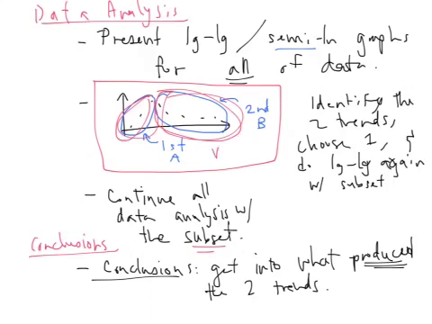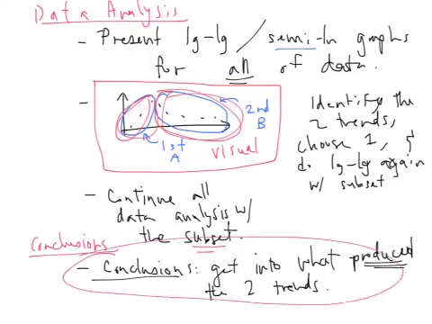You are using visual evidence by just looking at the graph. Then down here in the conclusion, you're justifying again, or considering what could have produced them. Here now you're looking at causes for the two trends. What could have caused them to occur?